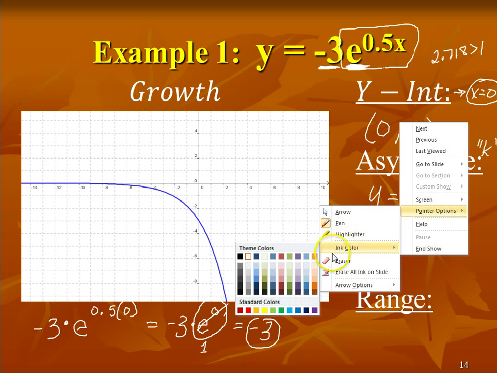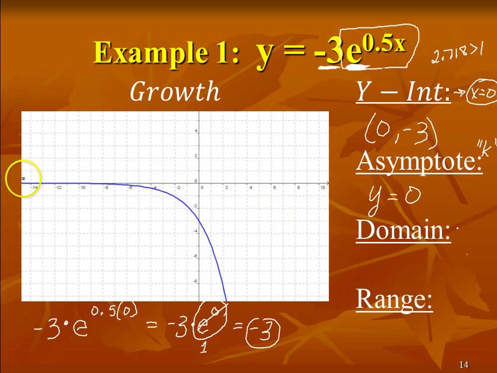Now when I'm going over to my graph to draw it, remember we always draw our asymptote with a dotted line. Okay, so draw your dotted line right through that axis, right through y equals 0. So y equals 0 is my asymptote. My intercept is at 0, negative 3.